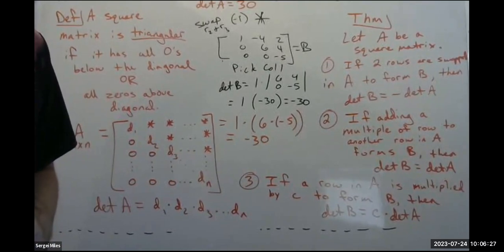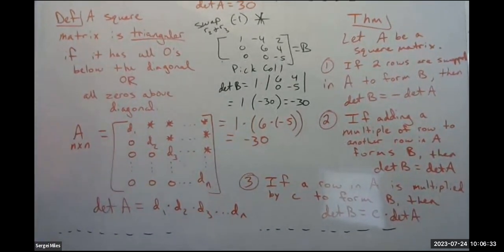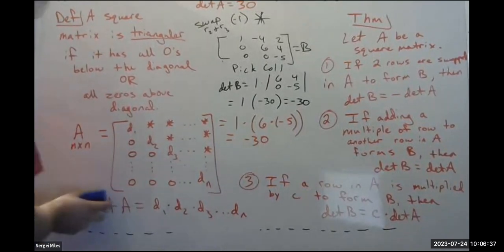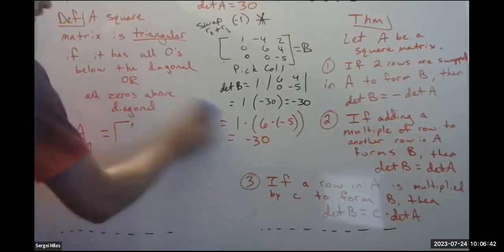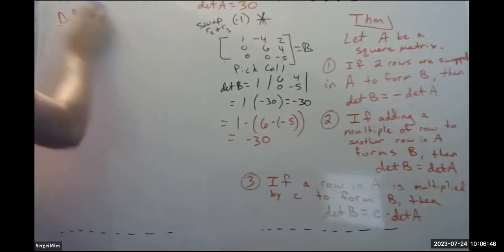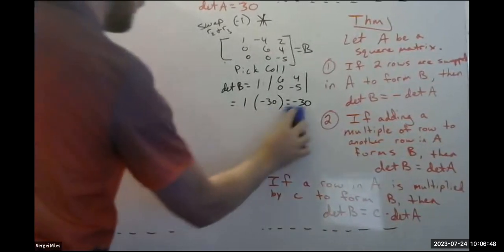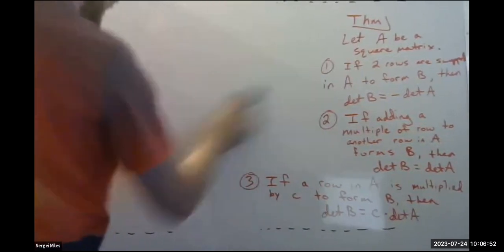So there are some additional properties of determinants, and then I want to do maybe one more example for the participation question if we have time. And let me make some more space on the board.